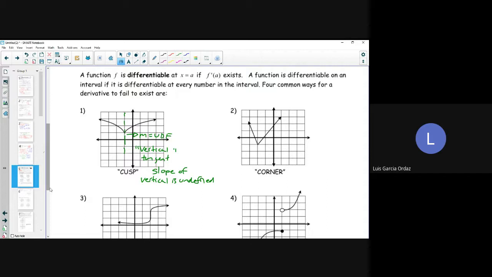It's straight. There are no tangent lines in number 2, which is the problem. Because there are no tangent lines, it's not differentiable and the limit fails to exist.